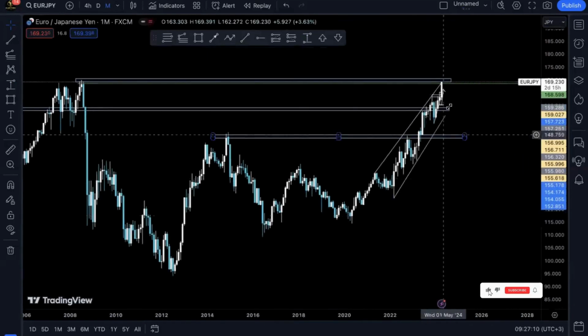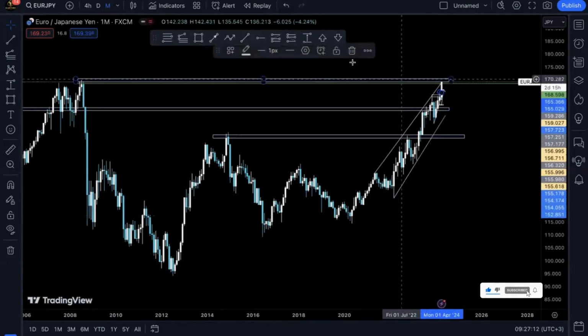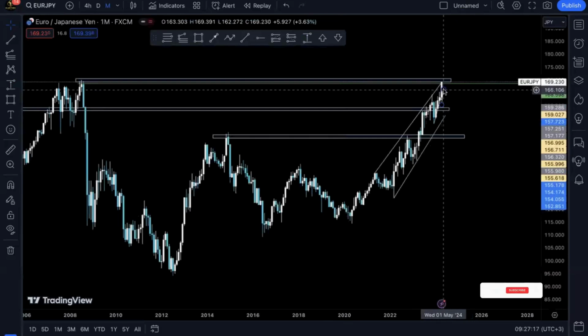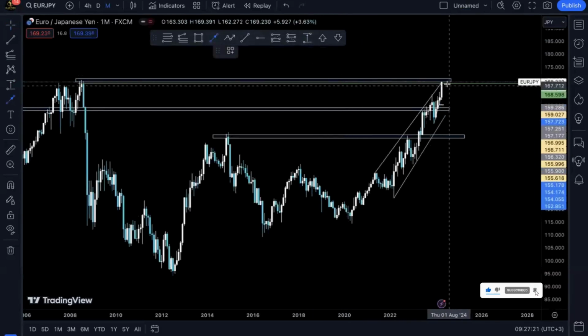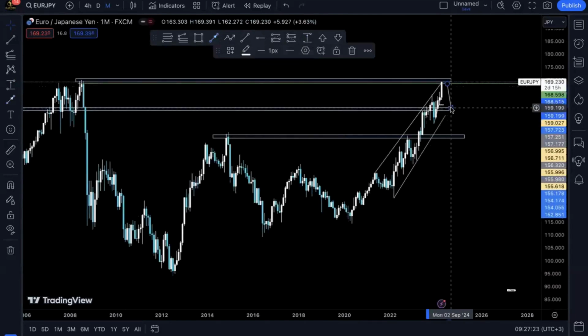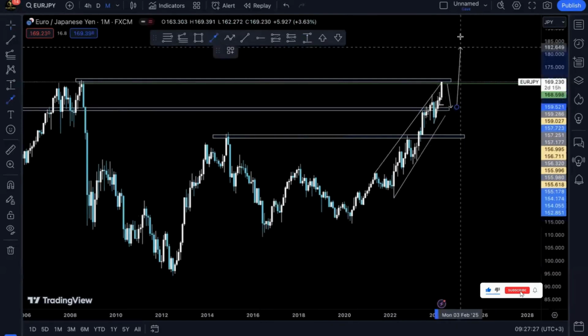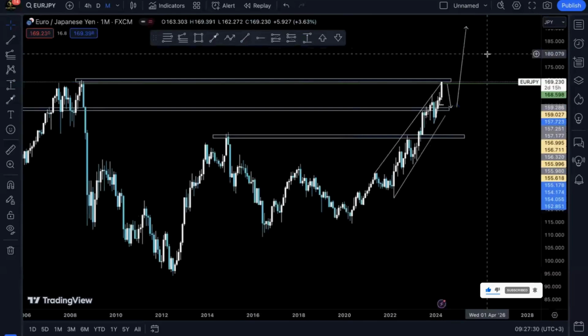So my view is that prices will retrace until somewhere here on this structure before it continues being bullish. So that's my view on the JPY pairs.